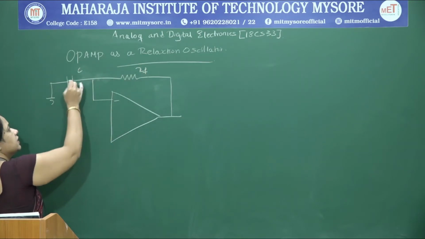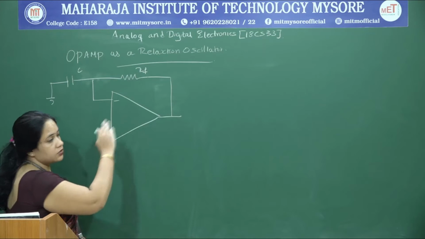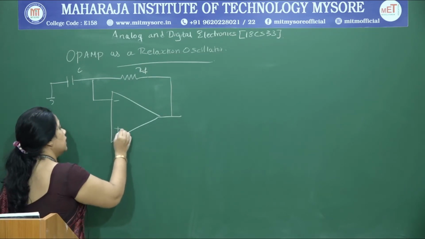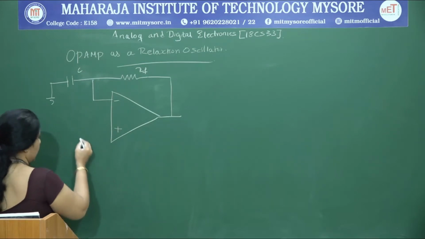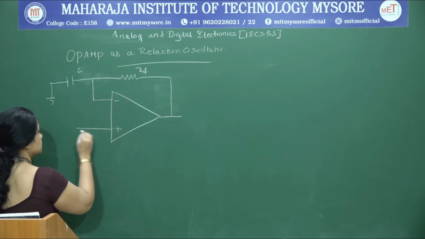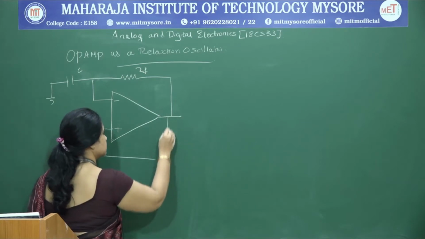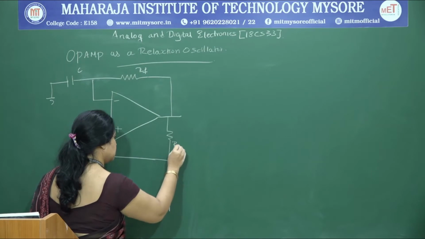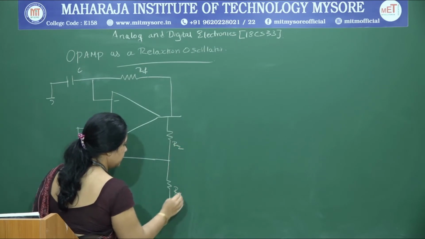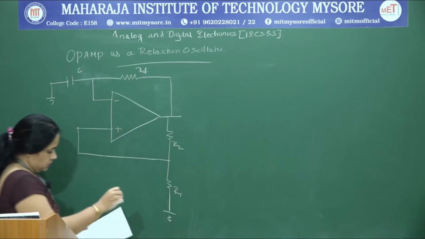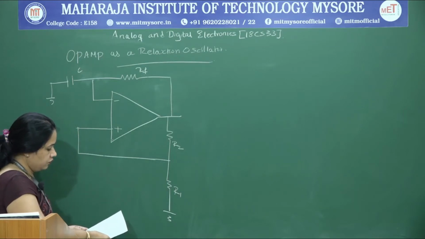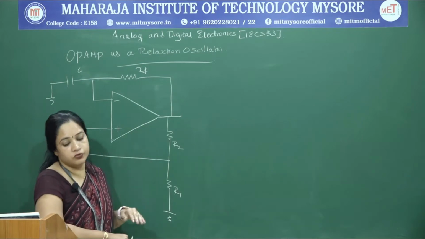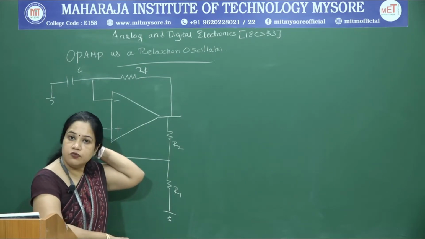The charging and discharging of the capacitor controls the switching of the output between the two saturation levels. So, this is basically a free running oscillator circuit which moves back and forth between a set of positive and negative values.